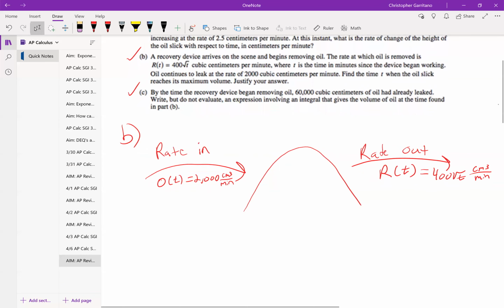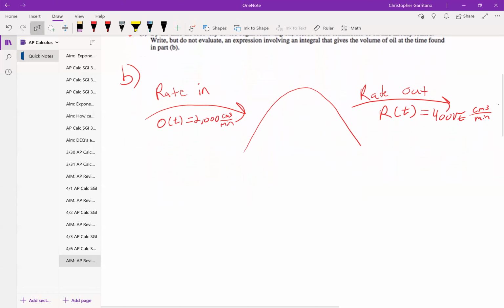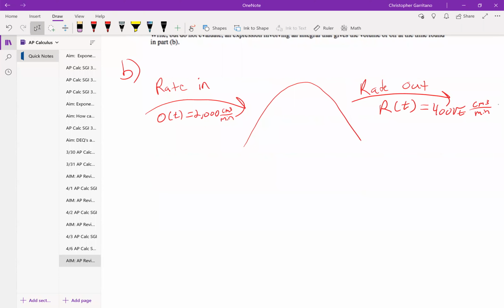find the time T when the oil slick reaches its maximum volume and justify your answer. So I want you to think of this. If O of T, the rate at which the oil is flowing in, is greater than R of T, well, what does that mean? Again, remember, this is a pile of oil.